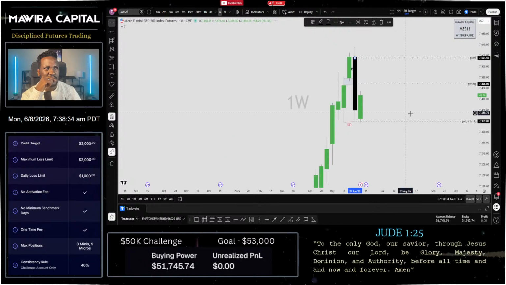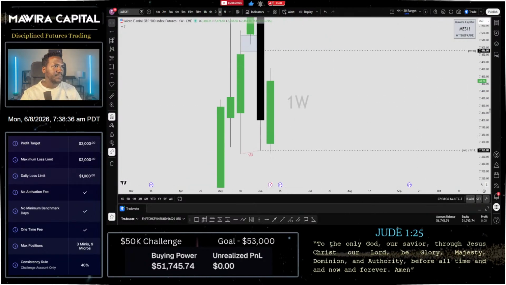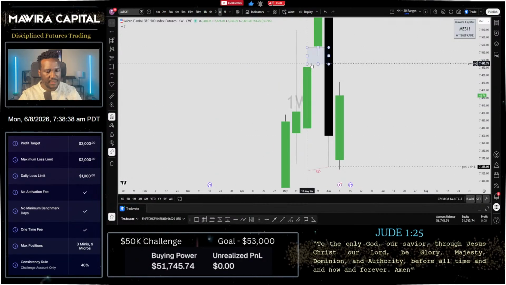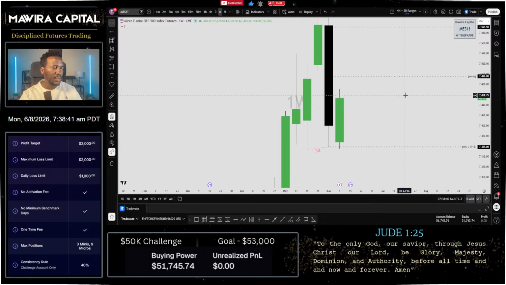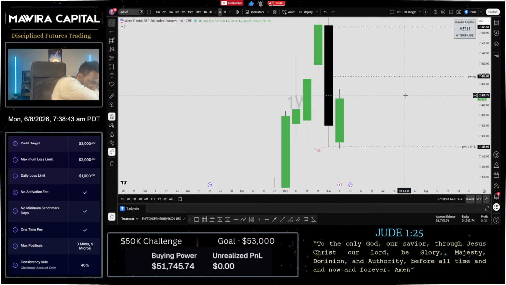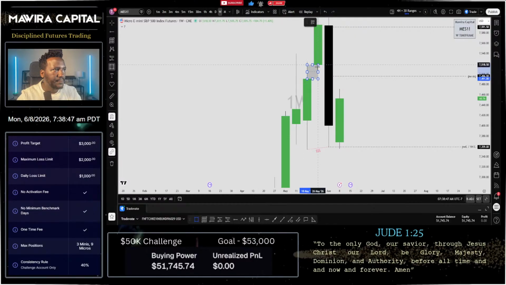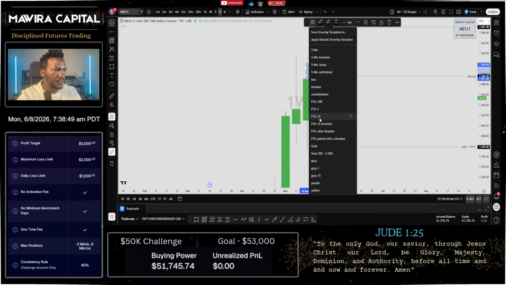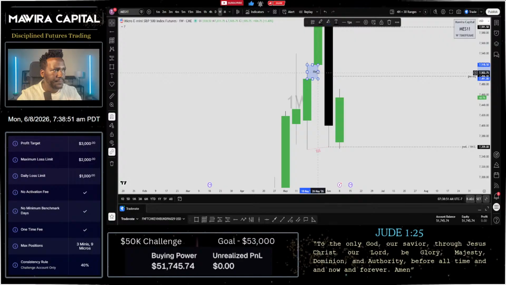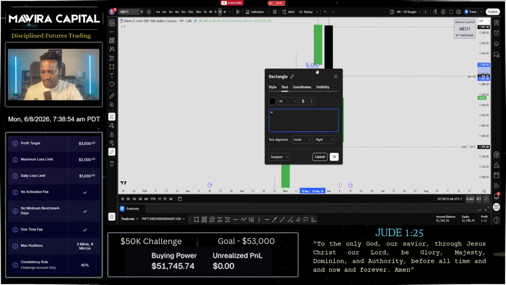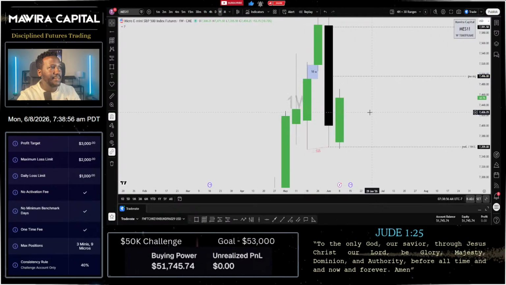What was that? Its weekly imbalance is just here. Volume imbalance on the weekly time frame.